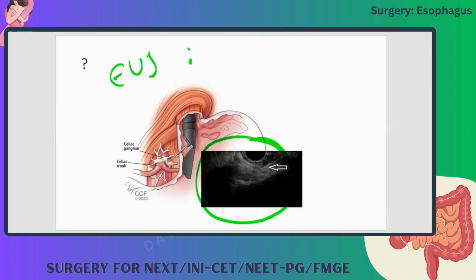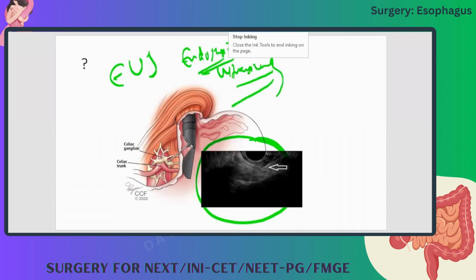Is something piercing the celiac ganglion? This is an endoscopic ultrasound.